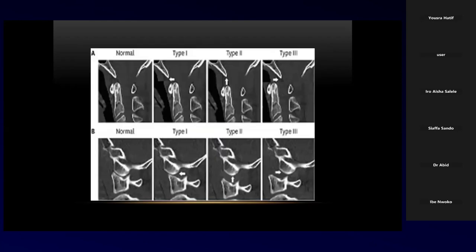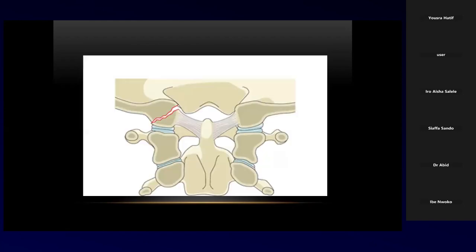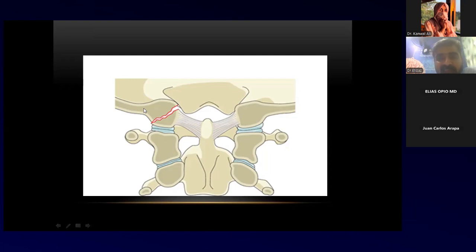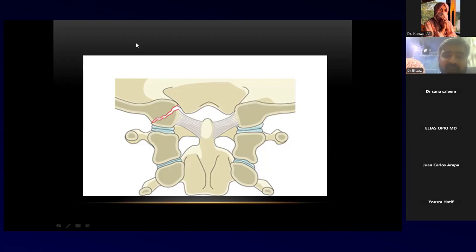So when we talk about OC fusion, it is mostly indicated in occipitocervical dislocation. When we talk about the atlanto-occipital, the AO Spine classifies it not as a single entity, but we call it occipitocervical dislocation.